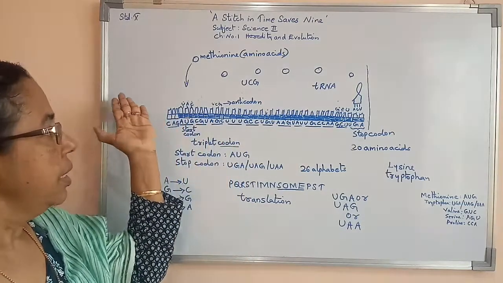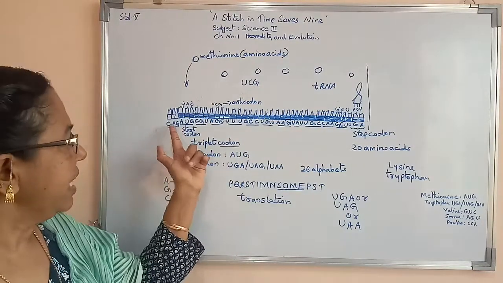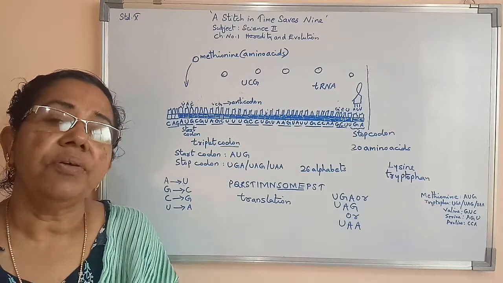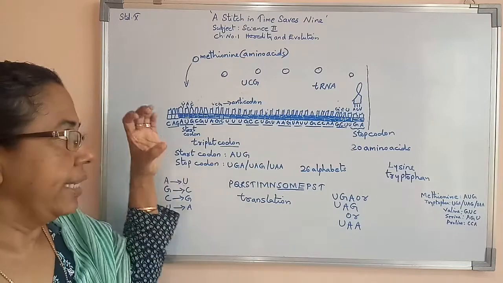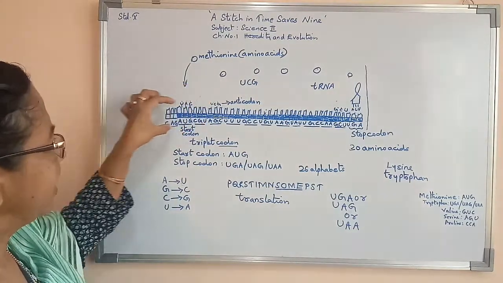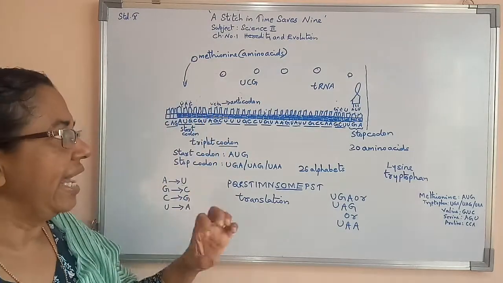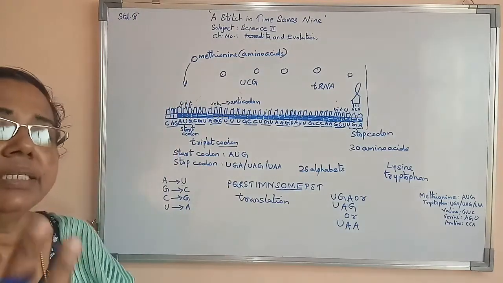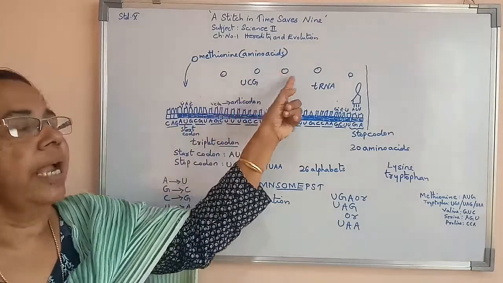Now, once it comes into the cytoplasm, for each triplet codon, a matching anticodon will be brought by transfer RNA. And this transfer RNA reads all the coded messages with the help of ribosome, and where the suitable place is, there this transfer RNA brings and fixes one amino acid each.